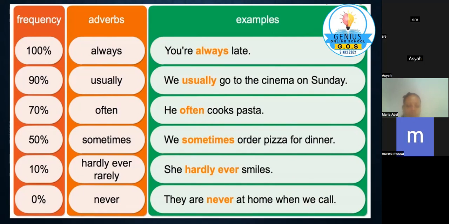Hardly ever or rarely and never, the two of them, we can use as negative. Can you read it one time? Always, usually, often, sometimes, hardly ever, rarely, never. Okay, great.